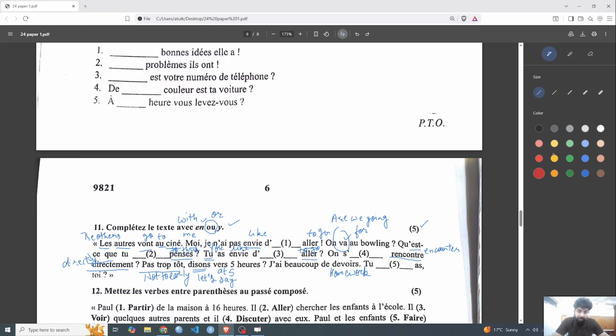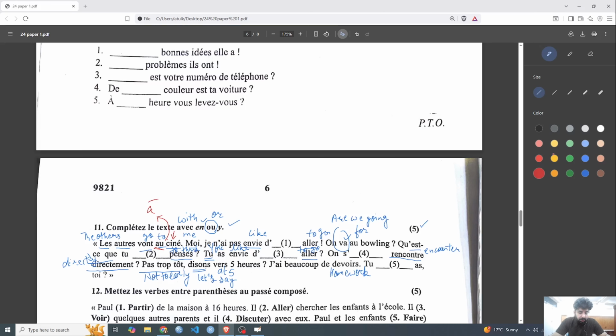So it says the others want cinema. So cinema is some place which has been introduced by "au". We have covered this in the past, I think third class or something.